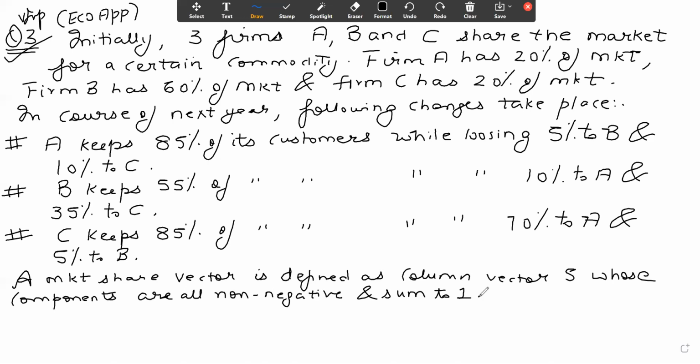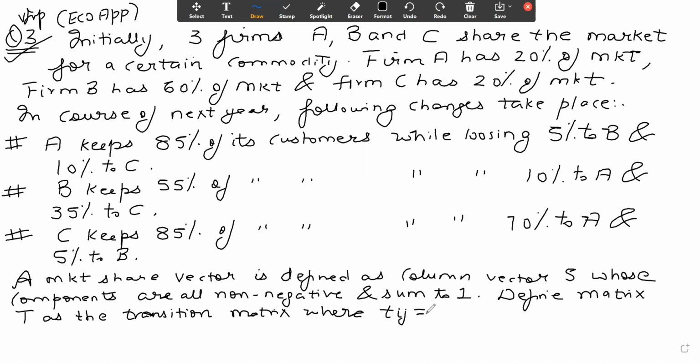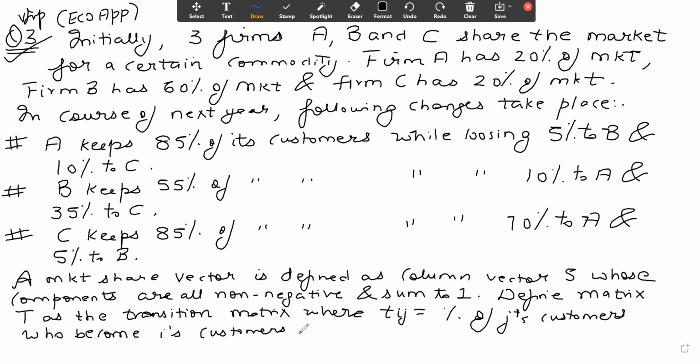Okay, and now they also define the matrix T as the transition matrix, where Tij denotes the percentage of J's customers who become I's customers in the next period.